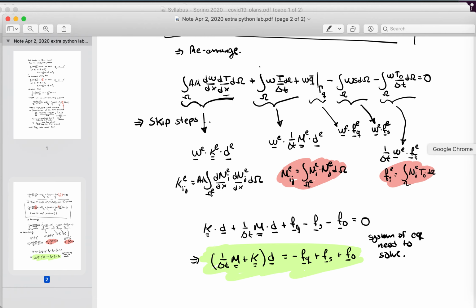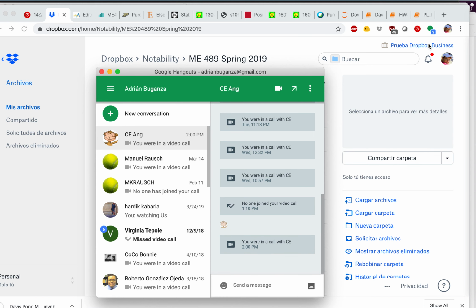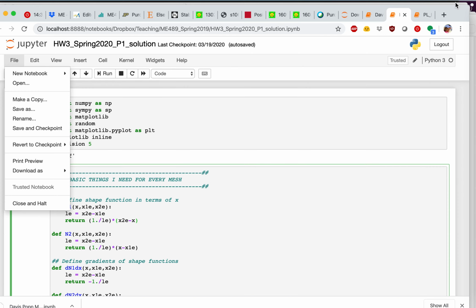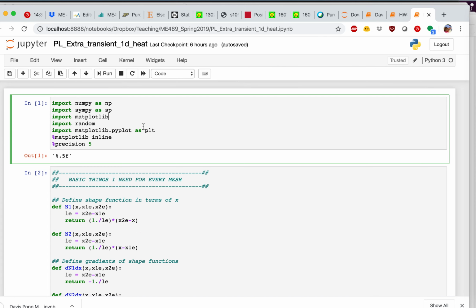And I've uploaded some code already, which is the PL extra transient 1D heat, and I based it on the previous code that I have uploaded for the homework 3 solution. I just edited that.